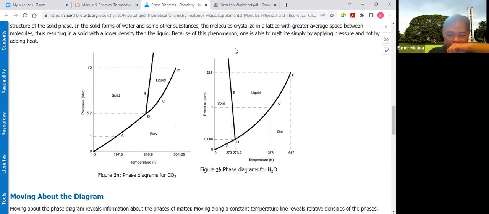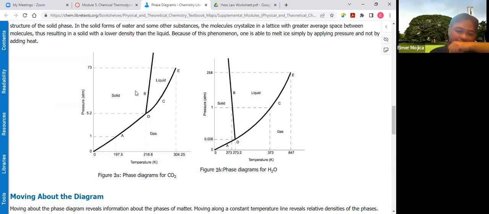Okay? So, most likely in the exam, you're given like this one and you're asked to identify what is B. B is what? Your freezing curve. What is C? The line in C here, that is your vaporization curve. Okay, and what is A here? That is your sublimation curve.